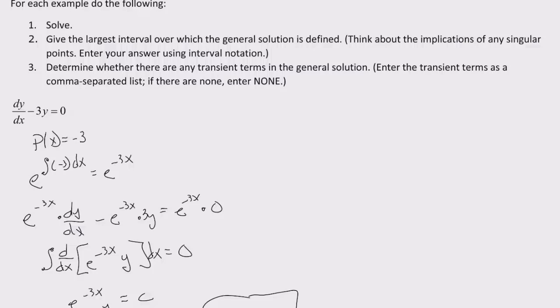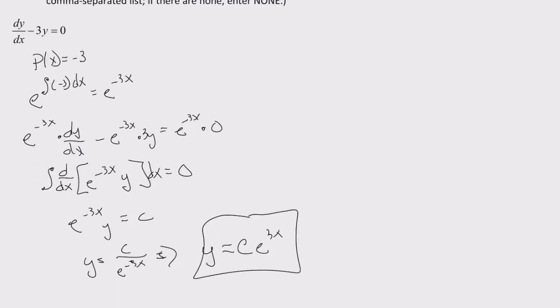Now it came to us in linear form, so I didn't pick up any restrictions. So this one doesn't have any restrictions, and our solution is valid from -infinity up to infinity. So it's pretty much valid all over the place. And since we don't have any restrictions to have a conversation about, we don't have to worry about any transient terms in the general solution.